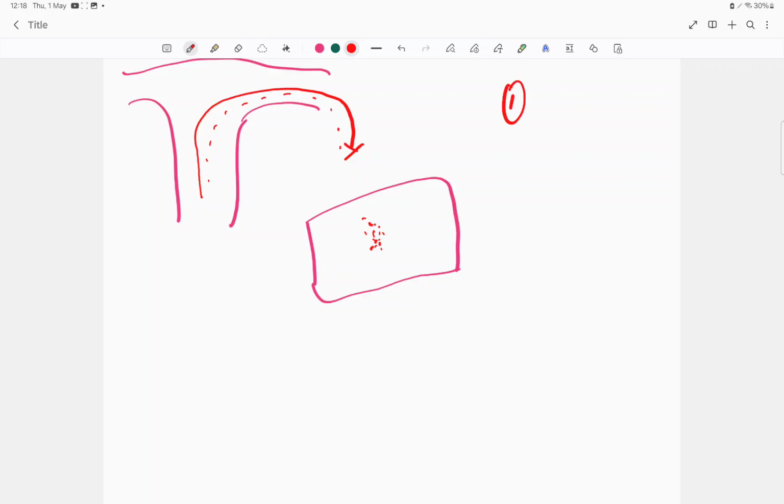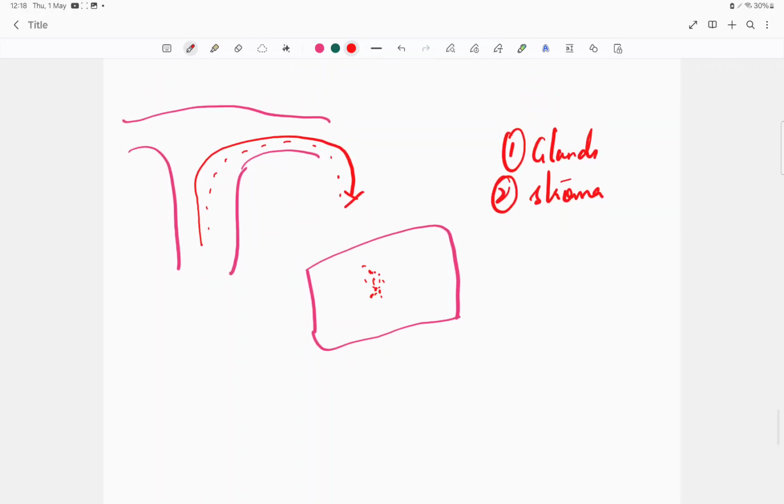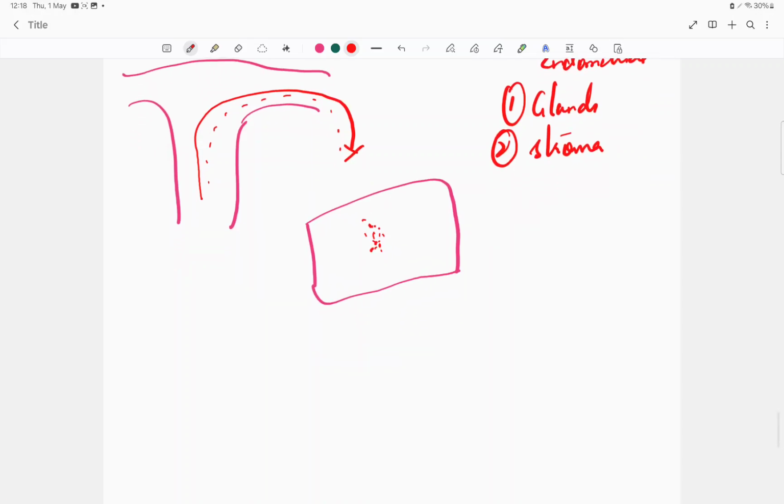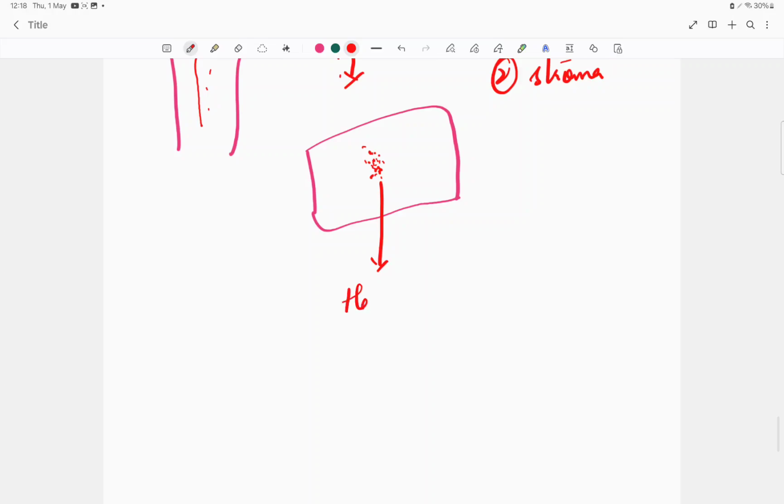The first thing is glands and stroma. These are endometrial glands and stroma. Very important. Once this endometrial tissue comes on the peritoneum, it will become hormonally active and will try to menstruate.